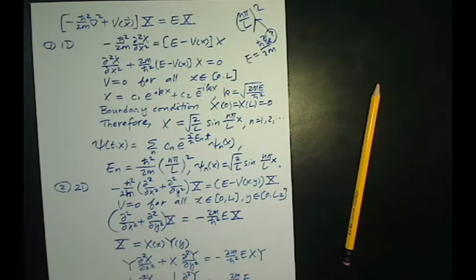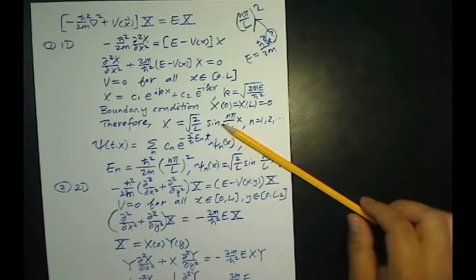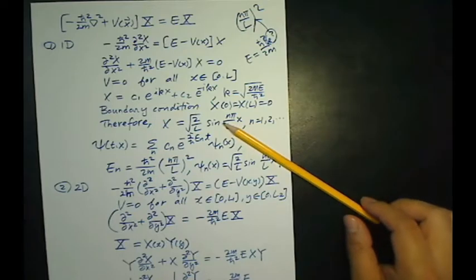Suppose we have n equals 0, then the wave function itself disappears. It is 0. Once the wave function is 0, the probability of finding the particle is 0. Therefore, we do not consider that trivial case.